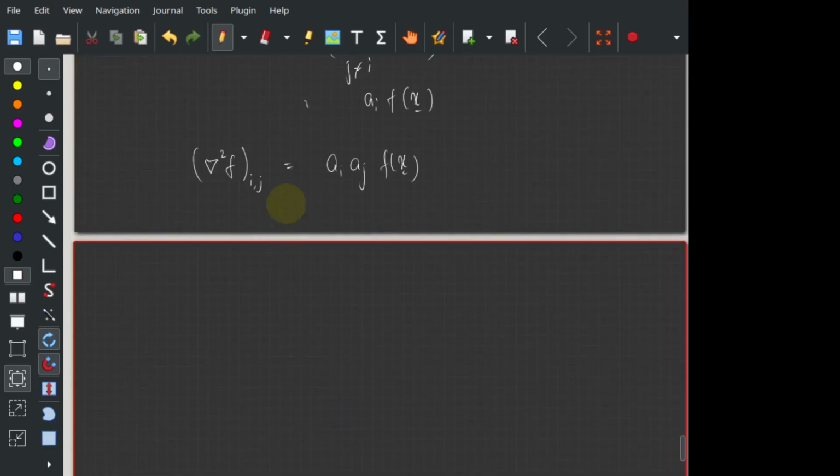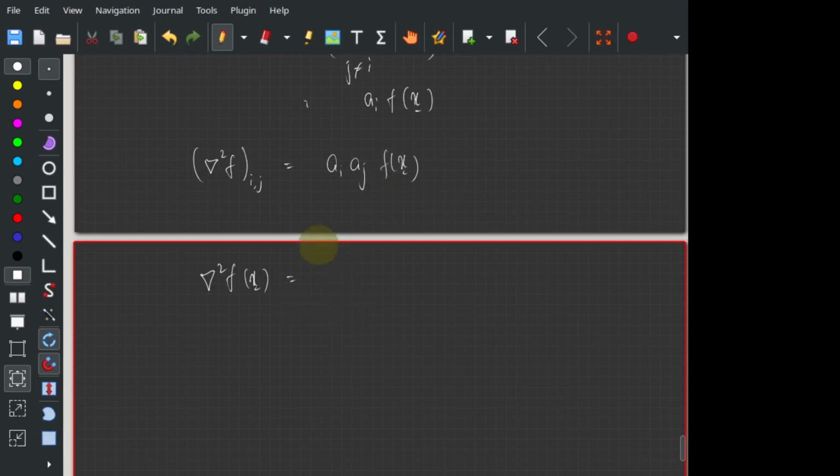Can you write this in a neat form in terms of the vector A and f of x? A transpose, f is a number, right?